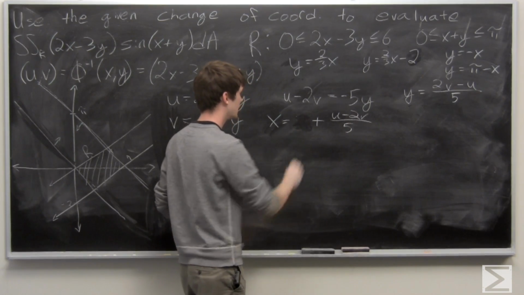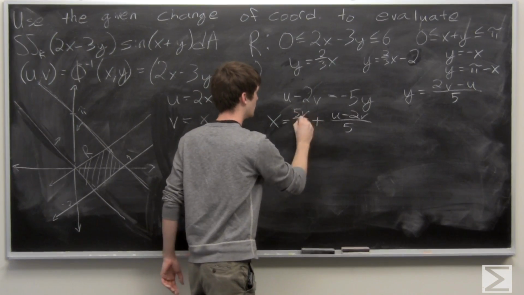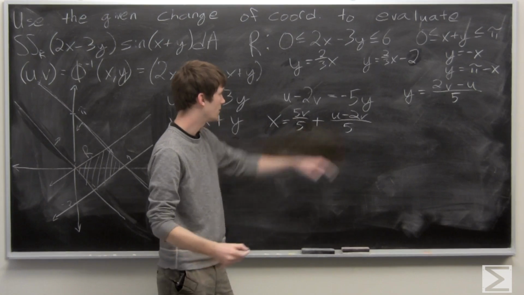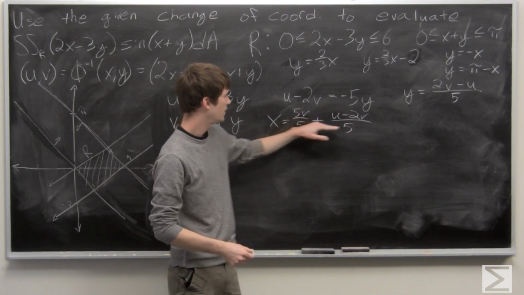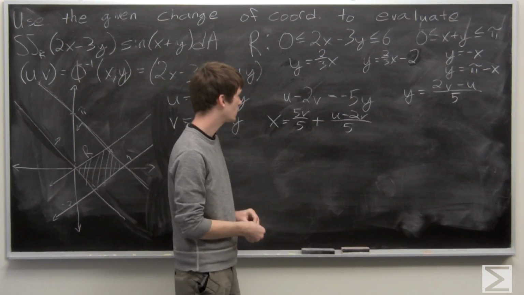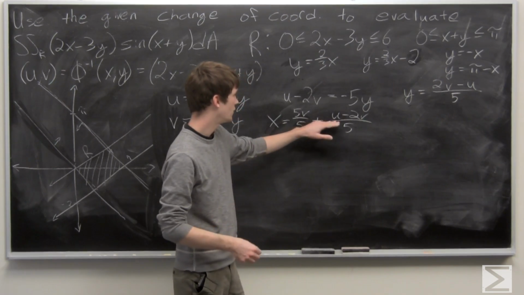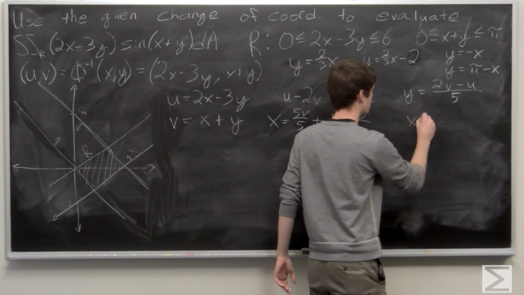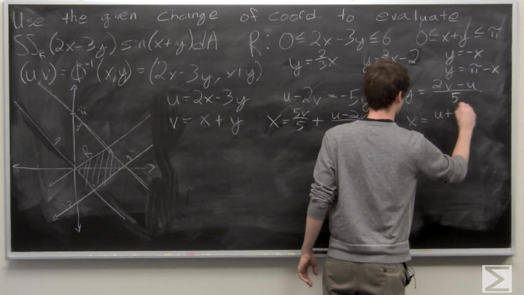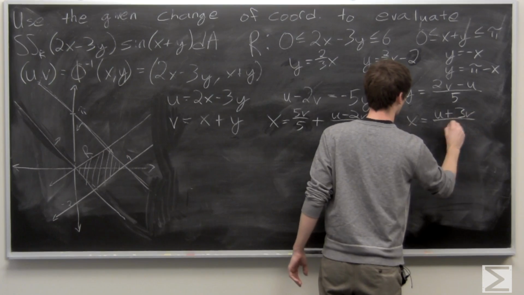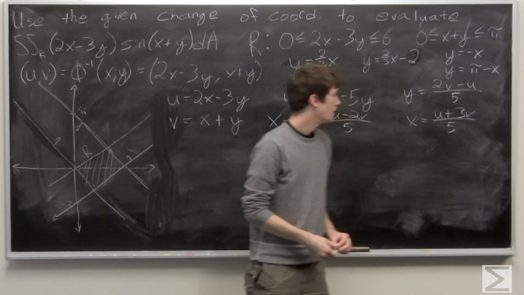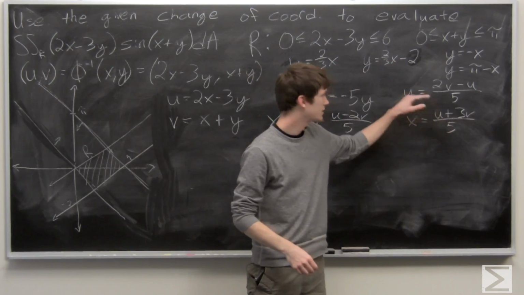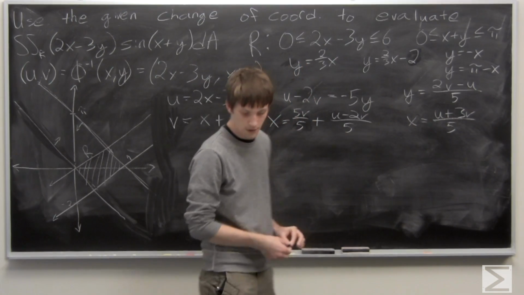Really this is 5v over 5, we have a common denominator. 5v minus 2v is 3v, so we have u plus 3v over 5. And we get our x and our y in terms of u and v.